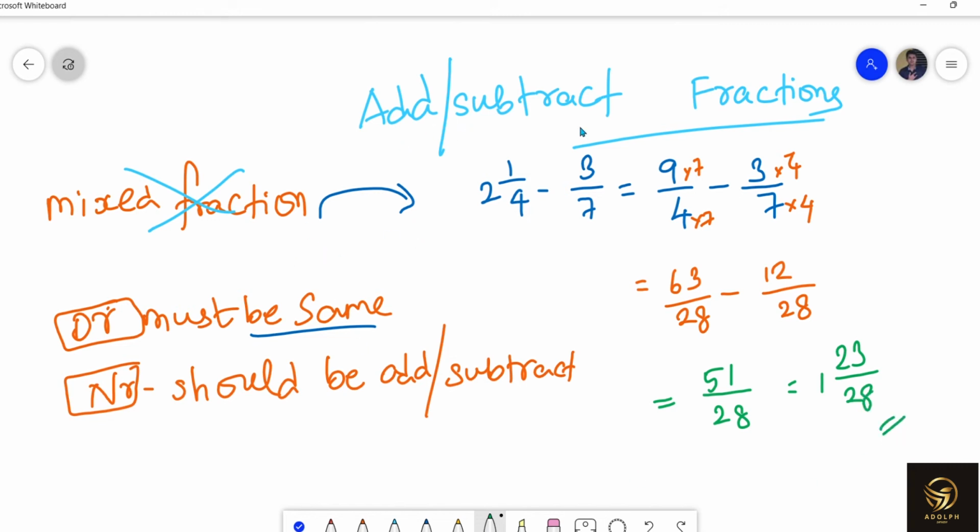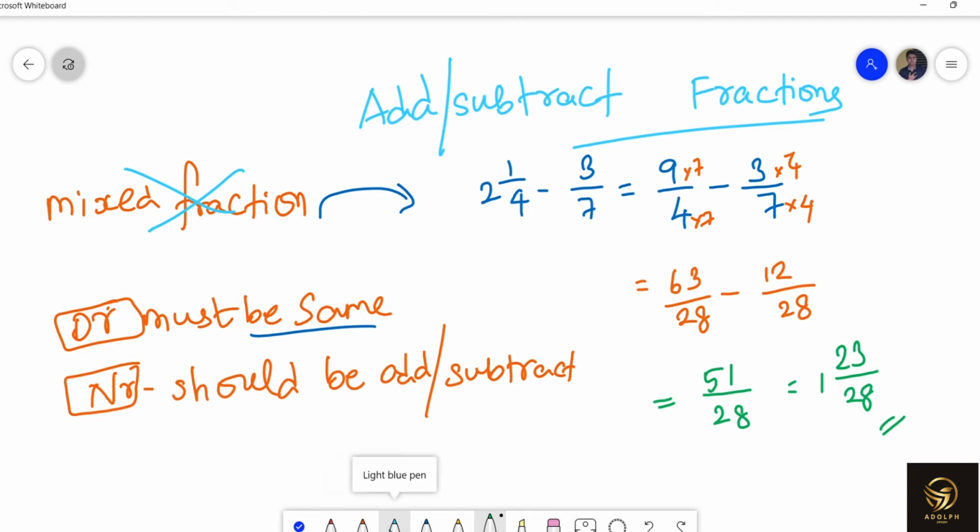For adding or subtracting fractions, ensure that the fraction is not a mixed fraction. If it is, convert it into improper. Next, the denominator must be the same and the numerator should be added. After making the denominators the same, just add or subtract the numerators. Operation should happen only on the numerator and the same denominator will be written.